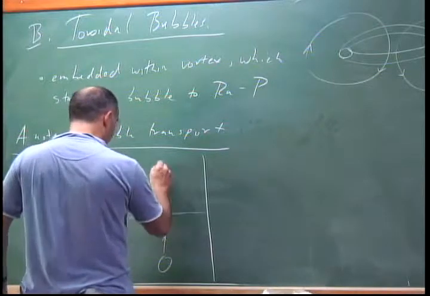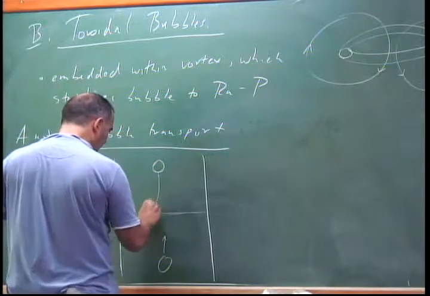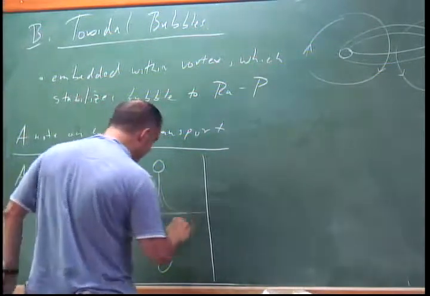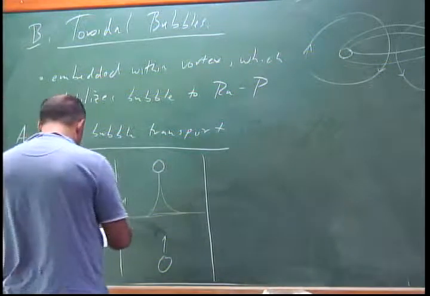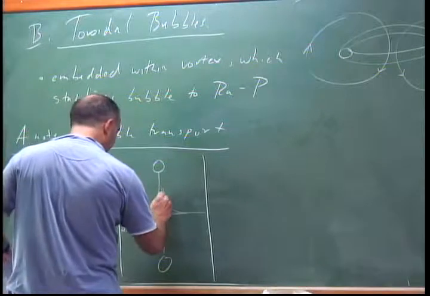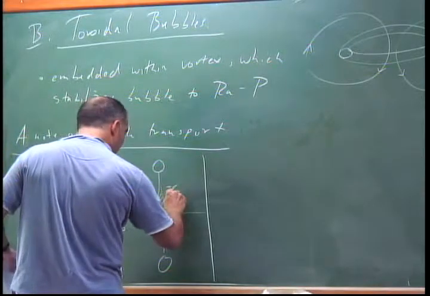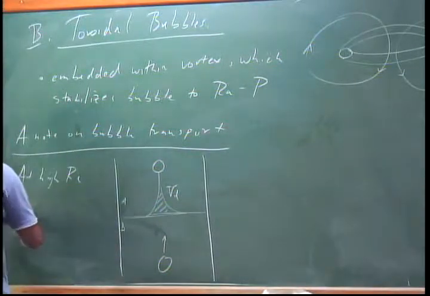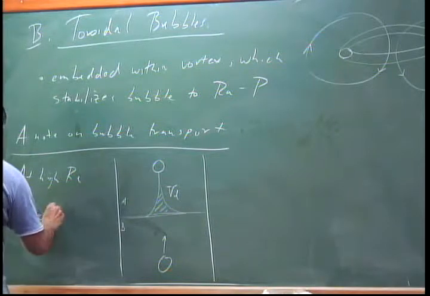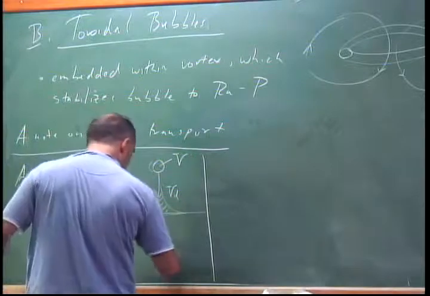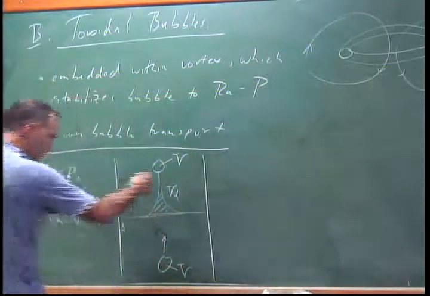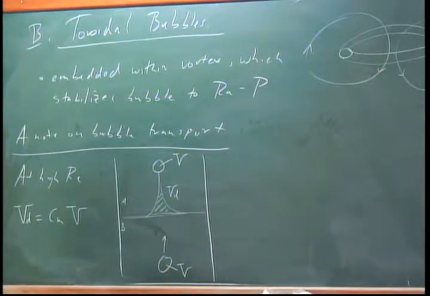Okay, so we know that as this bubble passes, it's basically going to entrain some volume, right? Turns out that that volume is precisely equal to the added mass of the object. Okay? So we call this the drift volume. So if the volume of the object is V, then the volume transported forward is equal to the added mass.